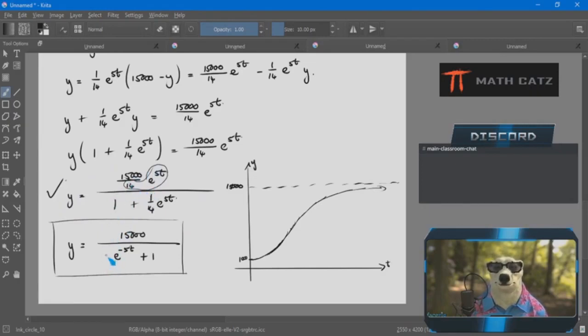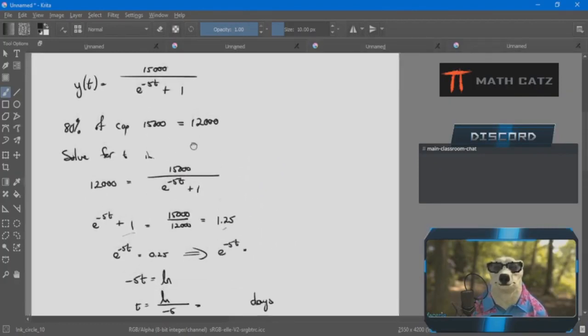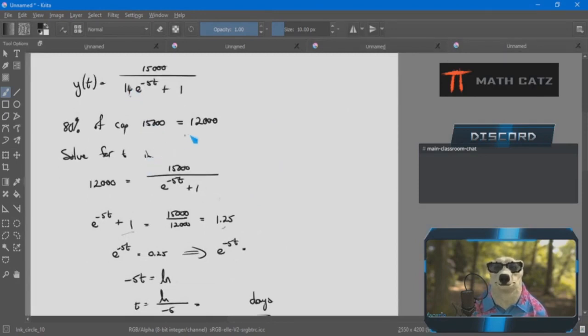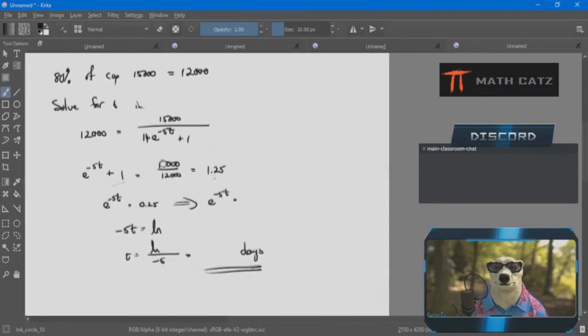When we divide by 1 over 14 e to the 5t, it becomes in the bottom 14 e to the negative 5t. So this is a 14. We're still looking for a target of 12,000, but we just used a 1 over 14 instead of a 14, which changed our answer to a weird number. It is still extremely small, but we swap it out. So this is a 14 over here.